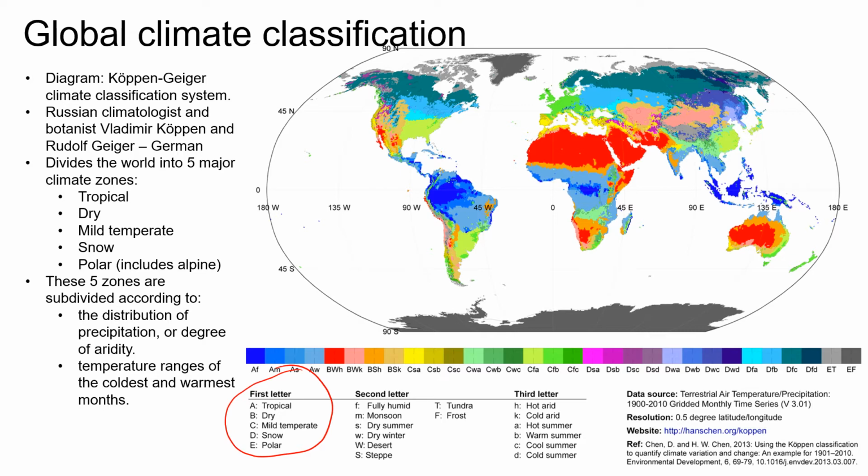These 5 major climate zones each have 2 further subcategories, here and here, which are determined firstly by the distribution of precipitation, or the degree of aridity, and secondly, the temperature ranges of the coldest months and the warmest months.